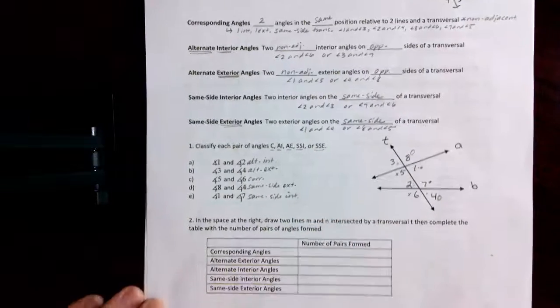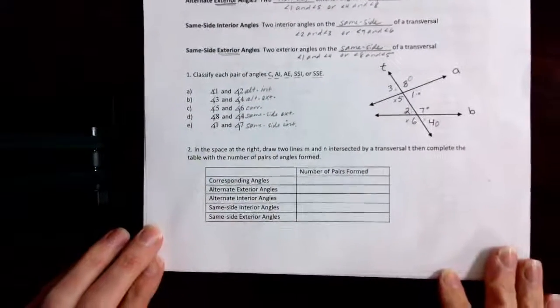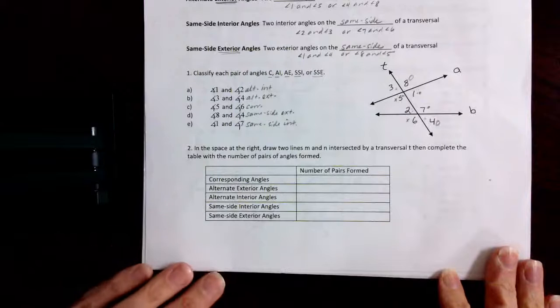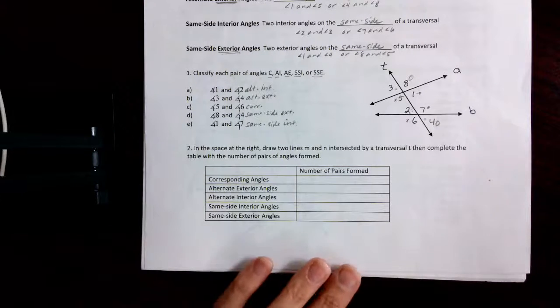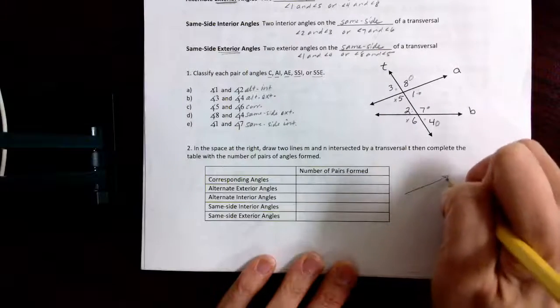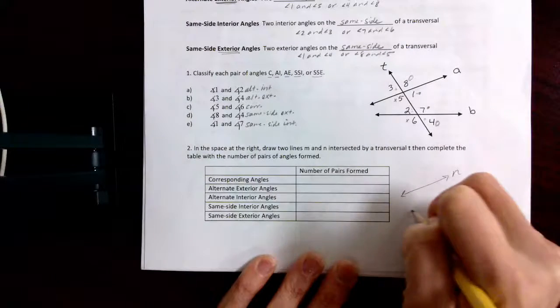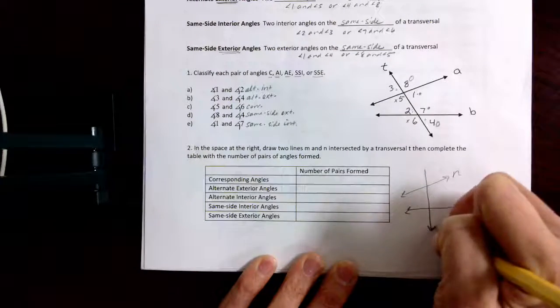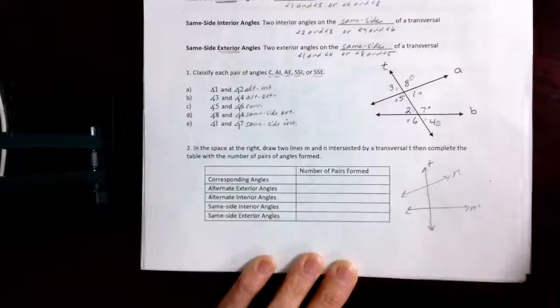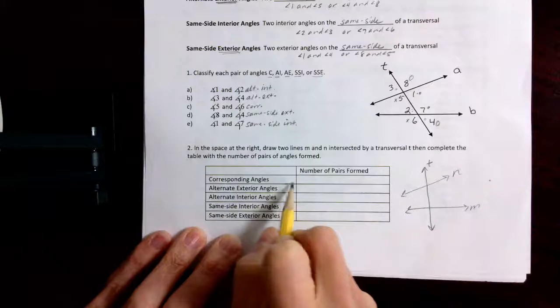The next example says, in the space at the right, draw two lines, M and N, intersected by a transversal T, and then complete the table with the number of pairs of angles formed. Okay, so if I just draw in two lines, so this is my line N, I'm going to draw in a line M, and I'm going to draw in a transversal that cuts through, and I'm going to call it line T. They're saying, how many pairs of corresponding angles are here?